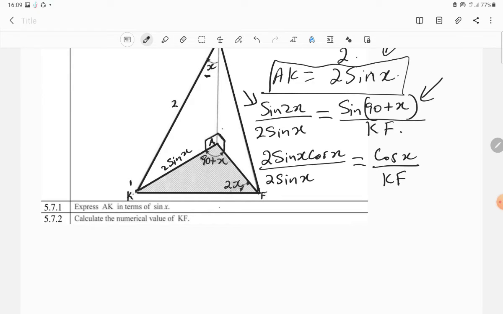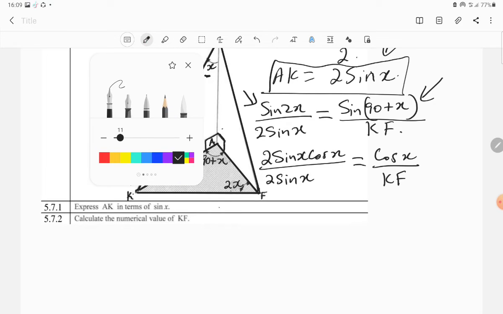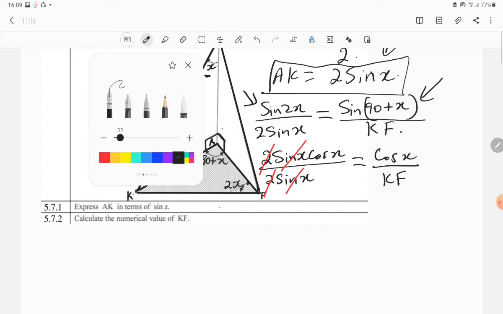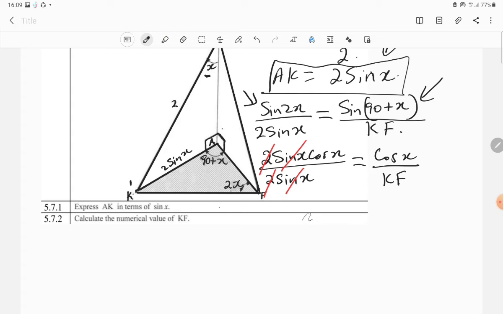Now let's try to eliminate some things. This one can cancel that one because they are the same, and this one can also cancel this one because they are the same. And moving to our simplification, let's just do the cross multiplication there.